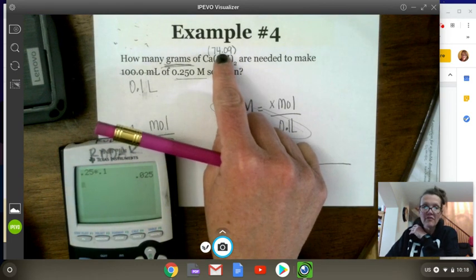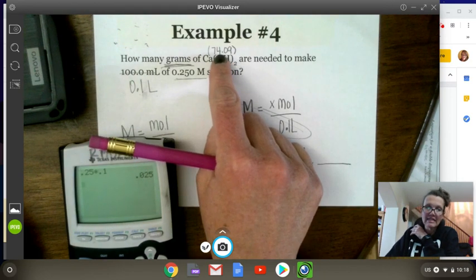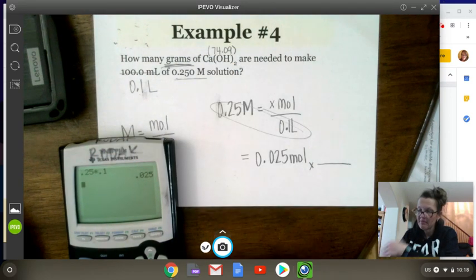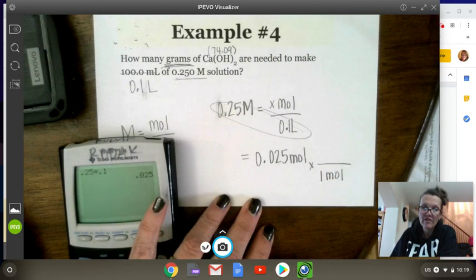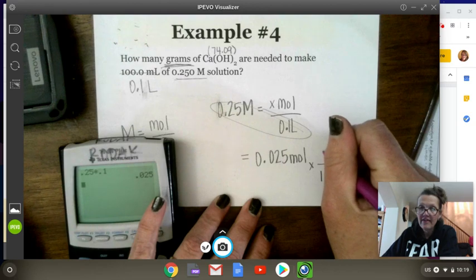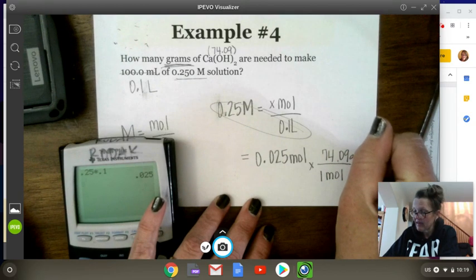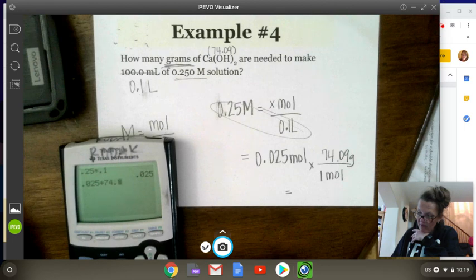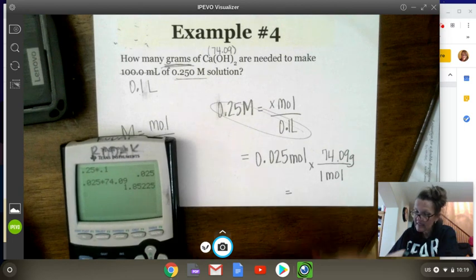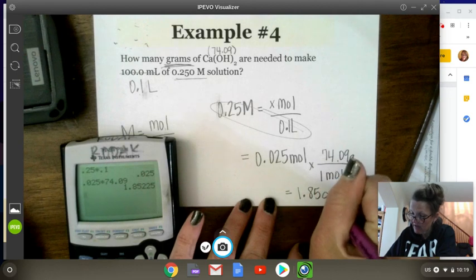And I, before the video, figured that out. 1 mole of calcium hydroxide is equal to 74.09 grams. So I can write that into my equation here. I put 1 mole on the bottom so the words cancel, and then the 74.09 grams on the top. Okay, and then I just have to take 0.025 times 74.09, and I get 1.85 grams.